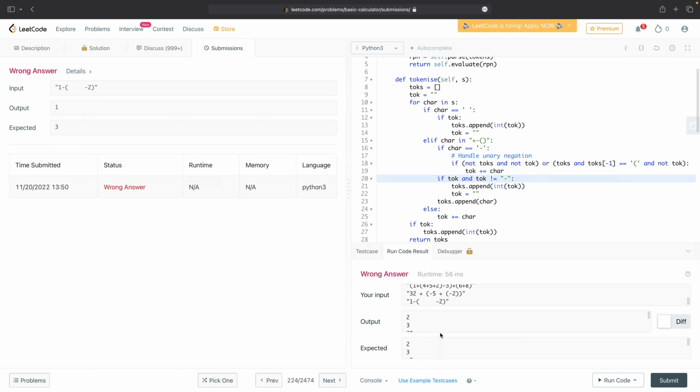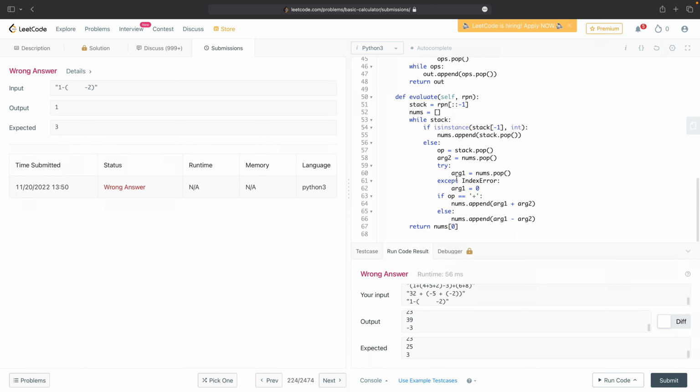Wrong answer still. We output a -3 when we should have output a 3. Oh, actually, that means we shouldn't have to do this anymore.